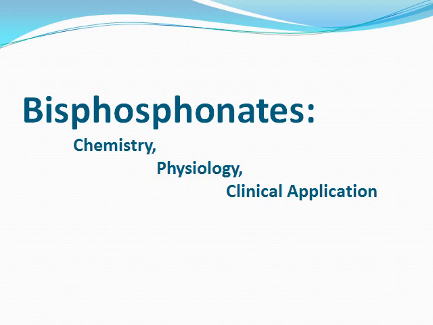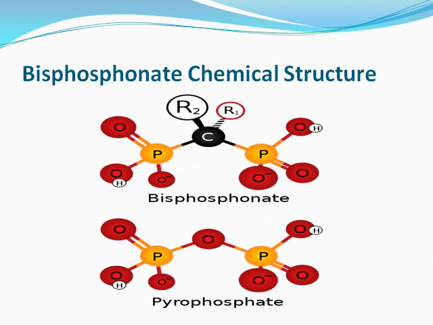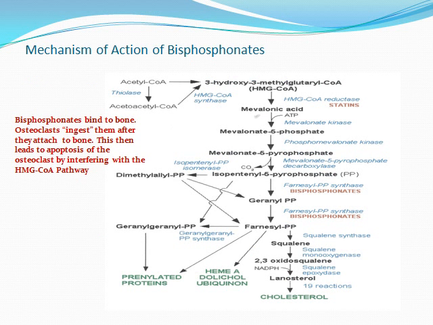Okay, let's move on to talk about bisphosphonates, the chemistry, physiology, and clinical application. Bisphosphonates have the PCP structure, and they are analogous to the pyrophosphate, which they block, and they have radical side chains which contain nitrogen or not, which we'll get into.